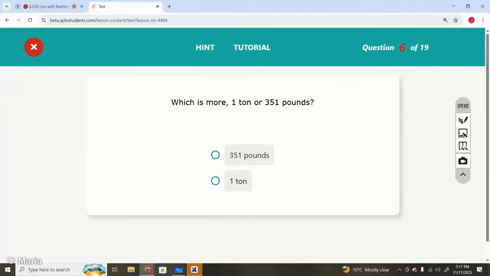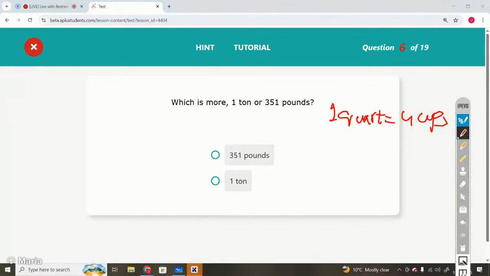Which is more, 1 ton or 351 pounds? Wait, 1 ton is equal to 2000 pounds, not 200, right?